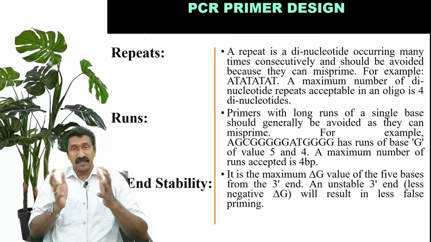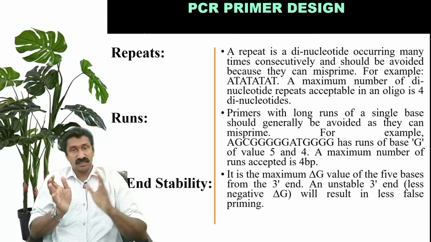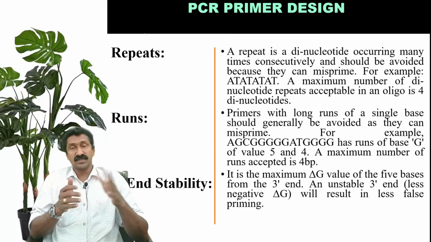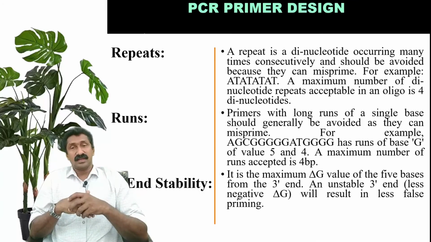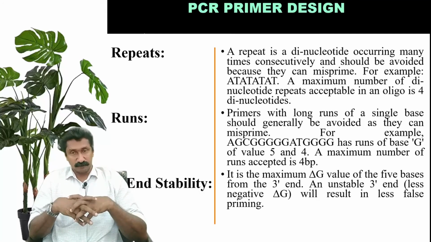So this type of repeats, either dinucleotide repeats or single base runs, multiple repeats of the same nucleotide in the primer sequence will result in the loss of its specificity.